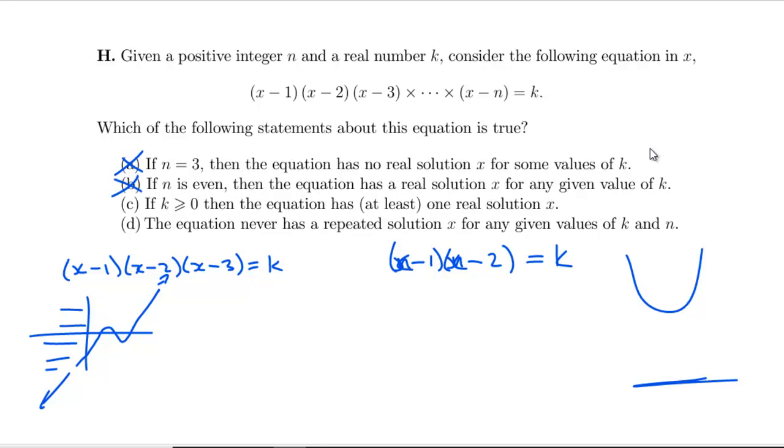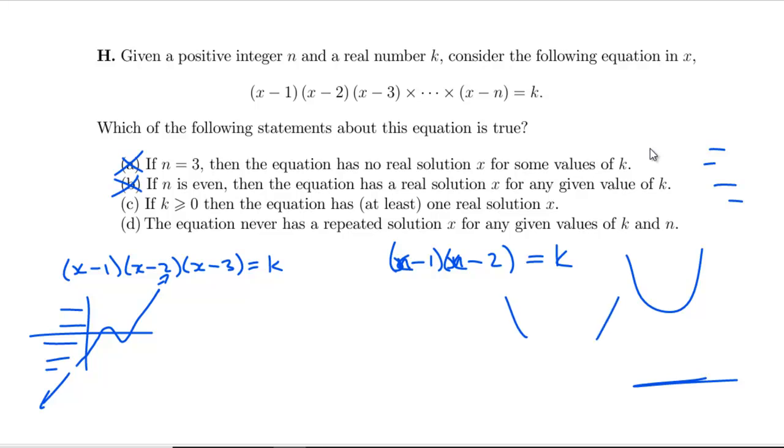Right, if k is greater than or equal to 0, then the equation has at least one real solution. So what is that telling us? If we got k somewhere up here, for the even ones we're going to end up starting here and ending there.